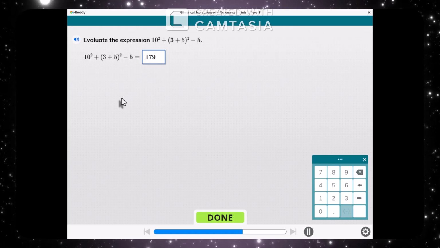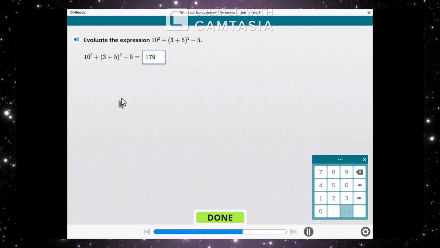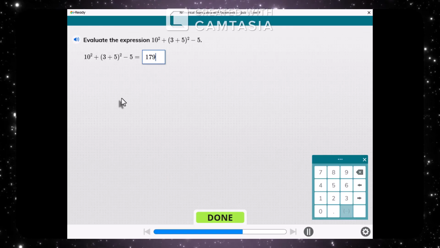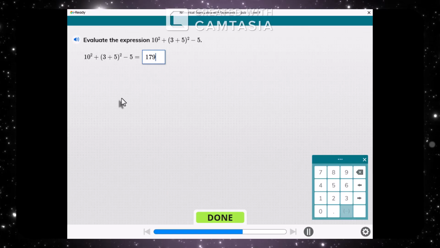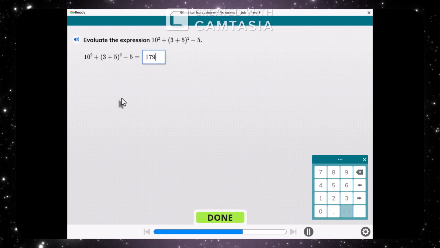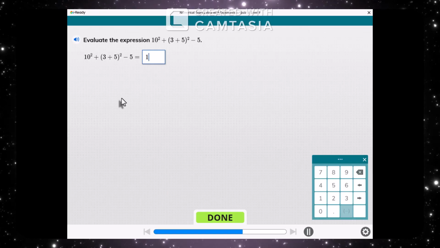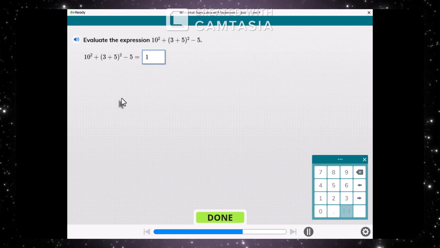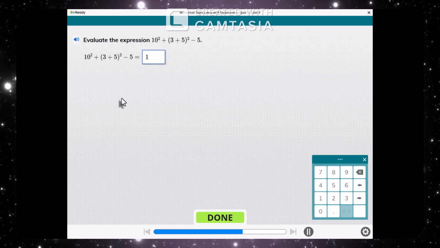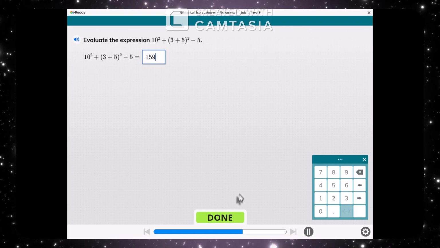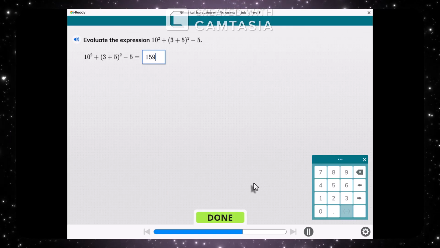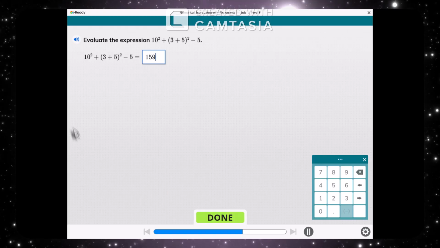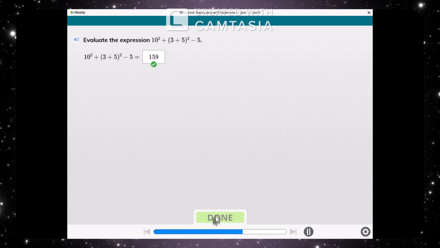I'm double checking that. 10 times 10 is 100, plus 8 times 8, which is 64, which is 164, minus 5, which is 159. Yes.